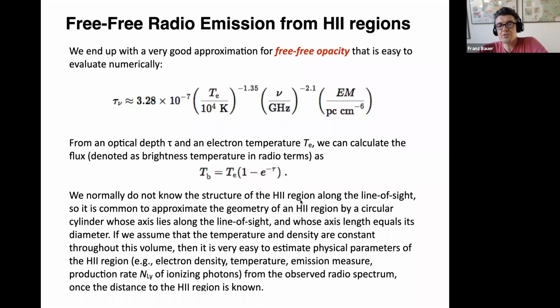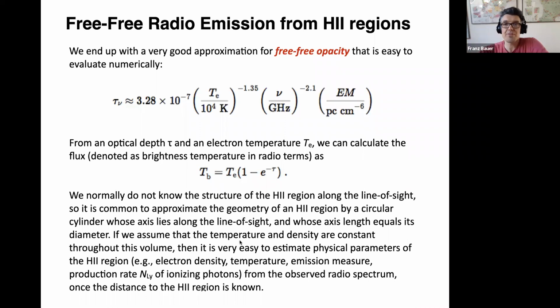We don't necessarily know the structure of H2 regions, and so we can approximate it as a cylindrical geometry, where we have an axis along the line of sight. And so if we set this axis length equal to the diameter, so it's kind of a squat cylinder, we can get a decent estimate of things.